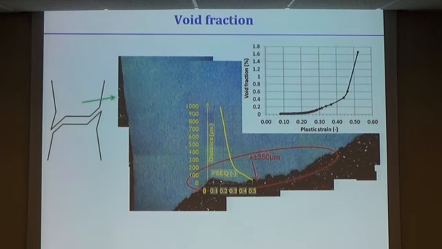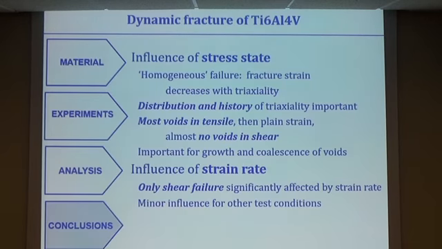In the plane strain experiment, we had failure at a value of almost 30%, so there you have onset of void nucleation immediately followed by coalescence because of the high triaxiality. In the tensile experiment, the triaxiality is lower at that moment, so you have time for the voids to grow and to coalesce. So these are my conclusions. Thank you.